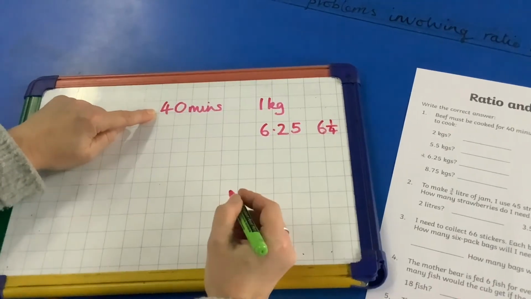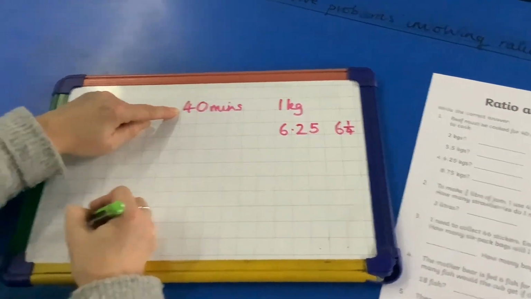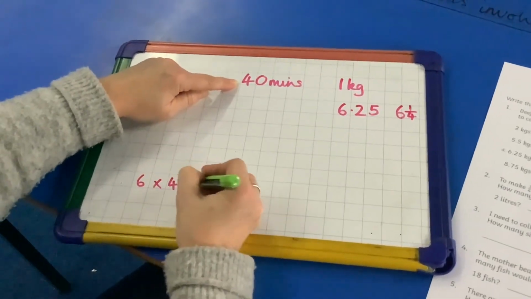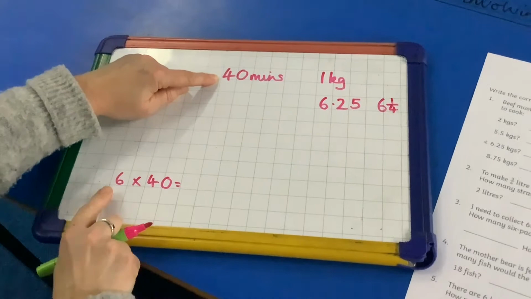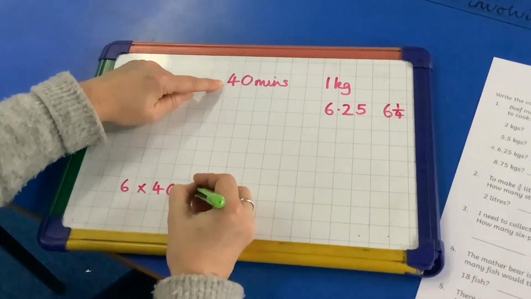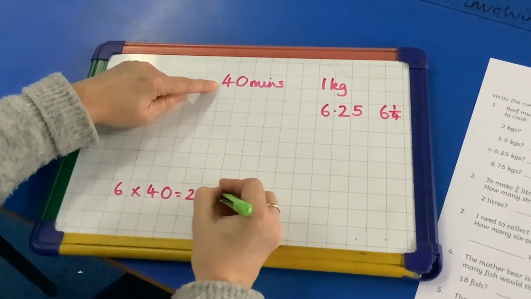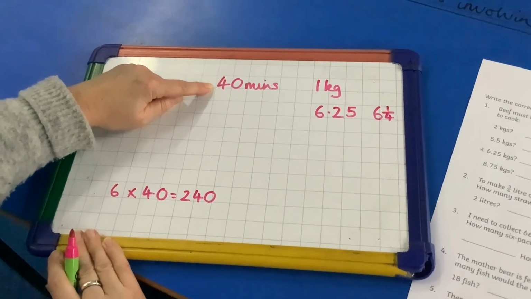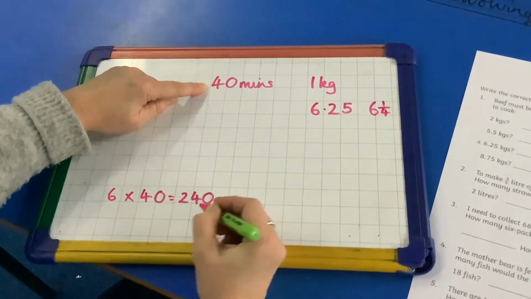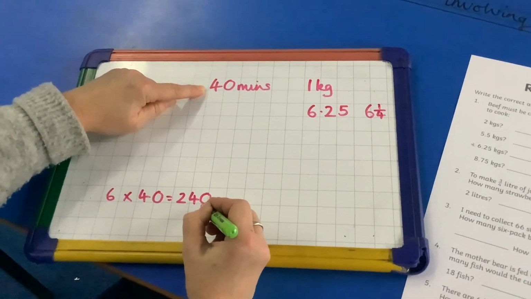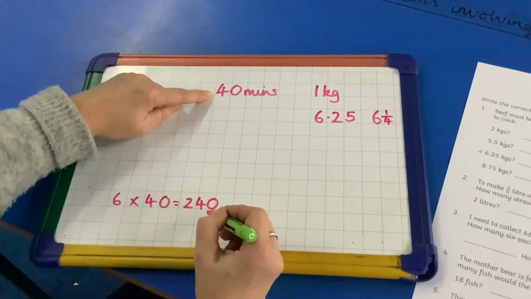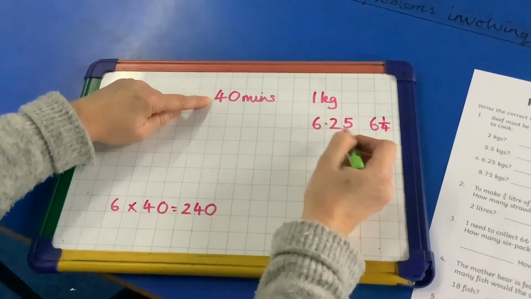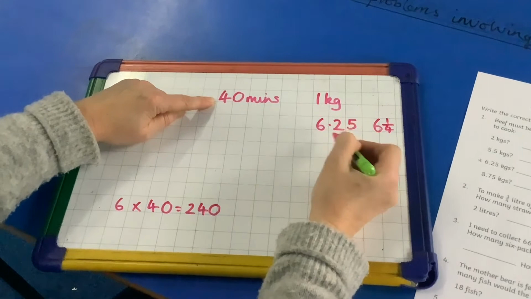Now 6 lots of 40, I'm going to do my calculating down here. I'm going to use the quick method, 6 4s, 24, and I make it 10 times bigger. So I know if it was 6 kilograms, it would be 240 minutes.